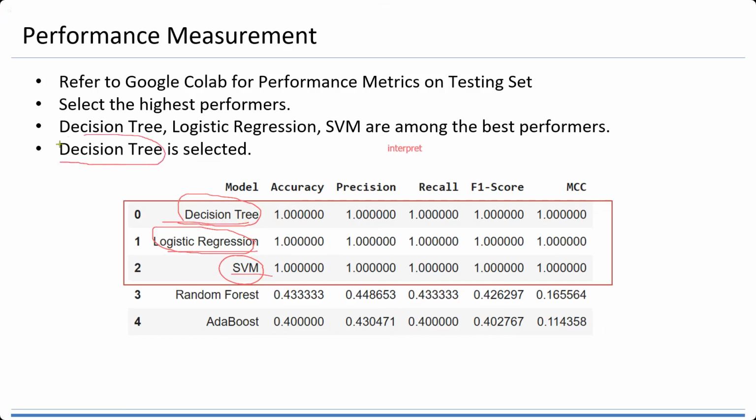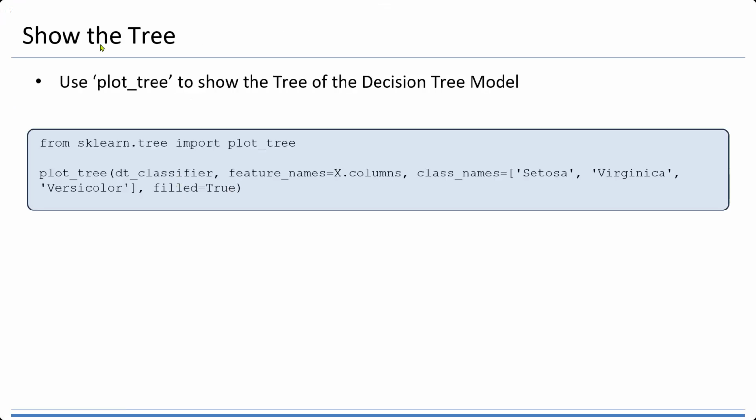Okay, decision tree. Decision tree is one of the most popular algorithms in classification, and we can also look at the result by using a tree. We can show the tree because the name is decision tree. We can just perform plot_tree to show the tree in the decision tree model.